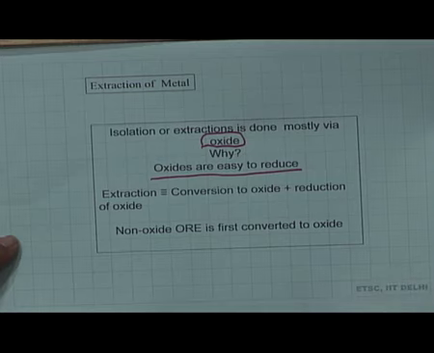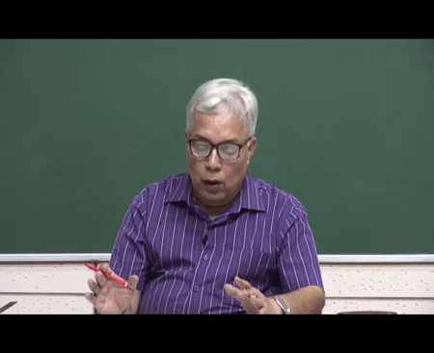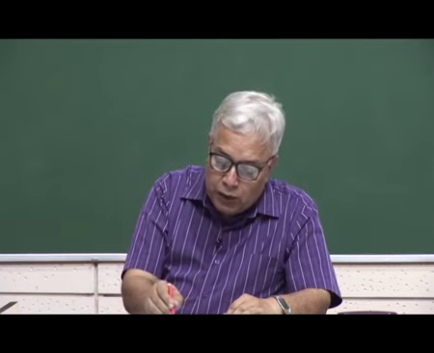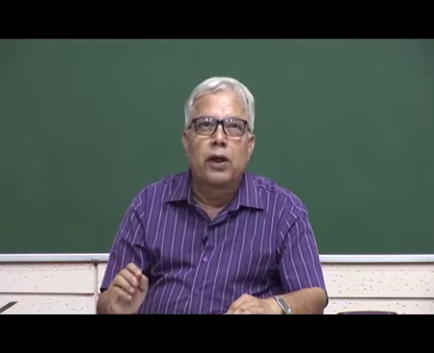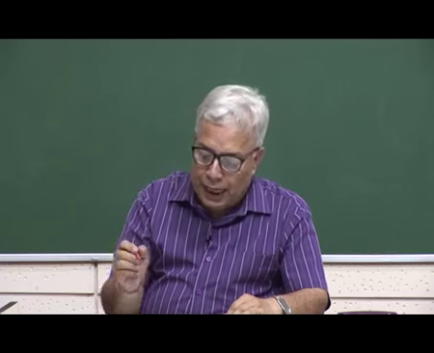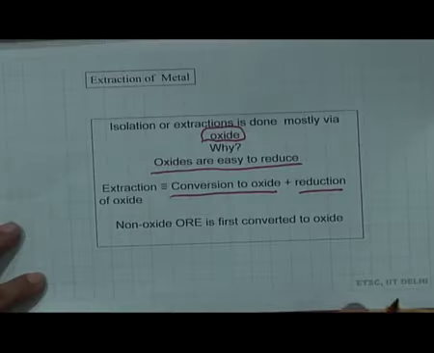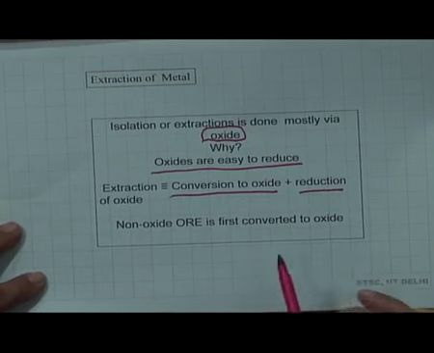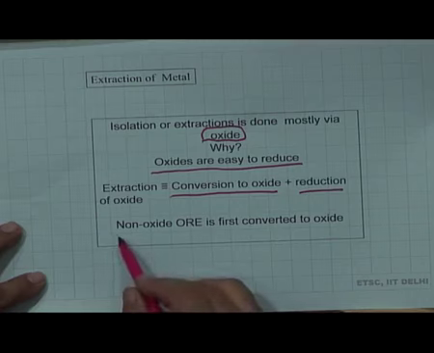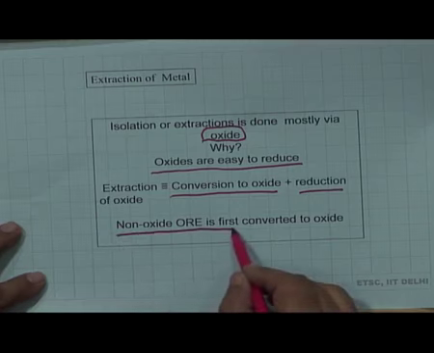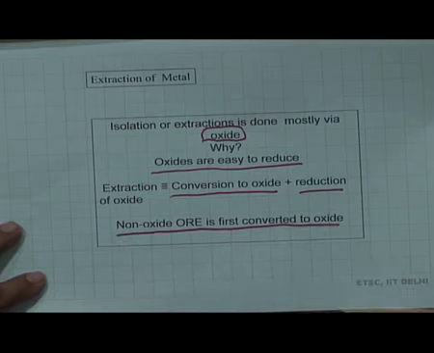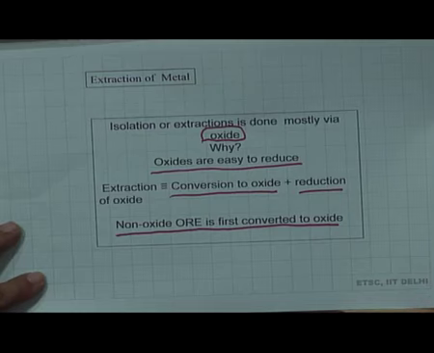So, extraction of metals has two parts: first, conversion to oxide, and second, reduction of oxide. All non-oxide ores in the isolation of metals are first converted to oxides.